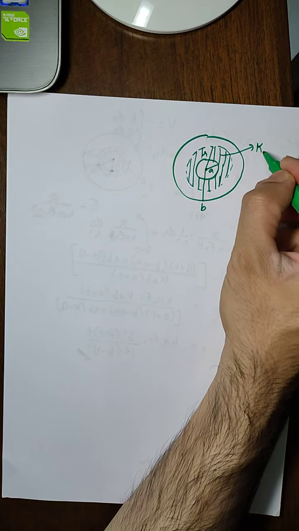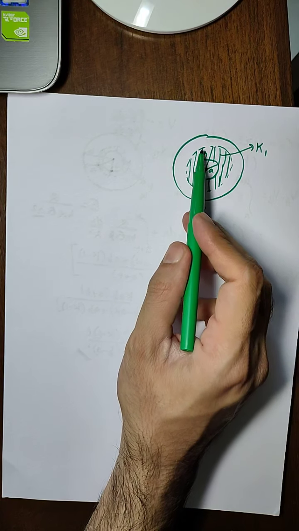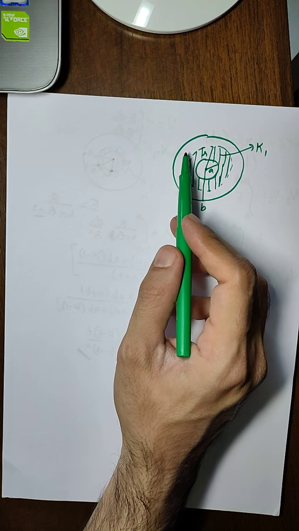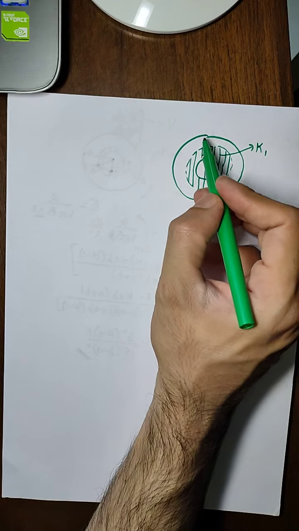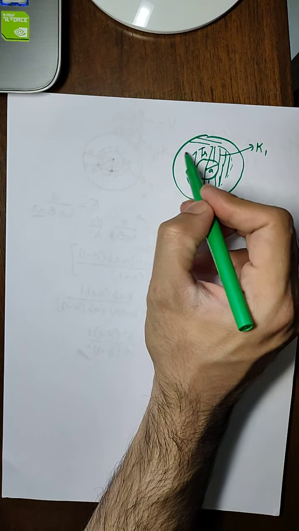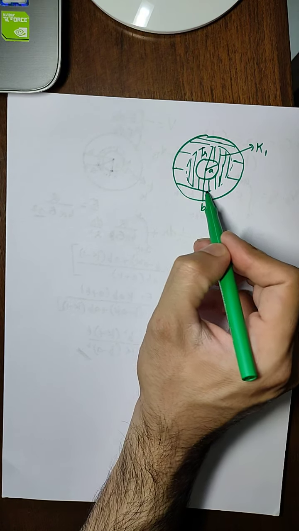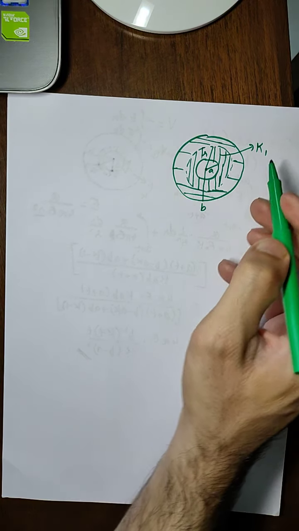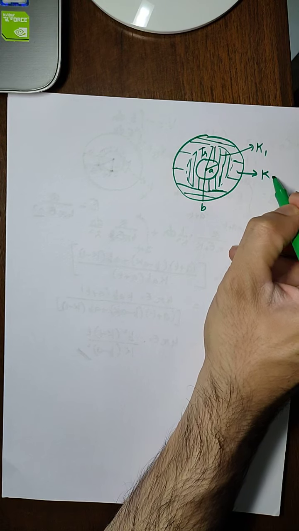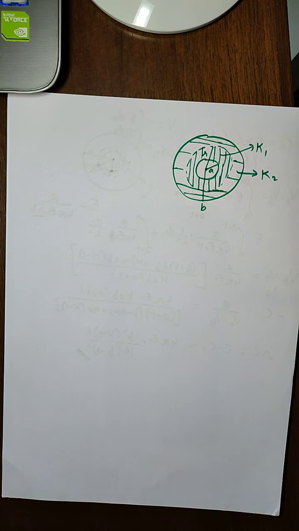This has constant K1, and from R to the surface B we have another dielectric of constant, say K2. So in this system we have to find the capacitance.